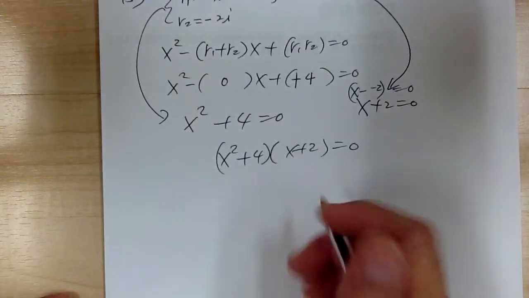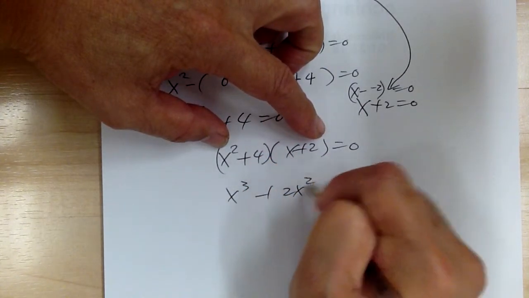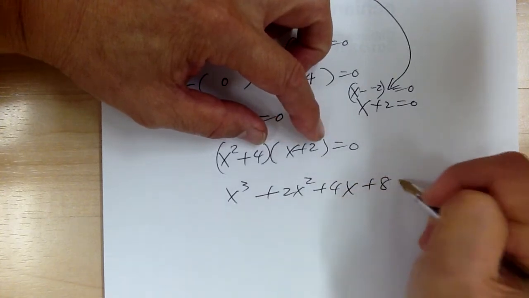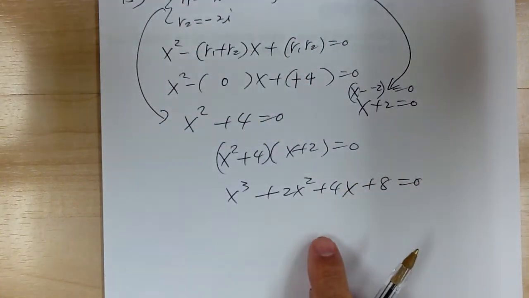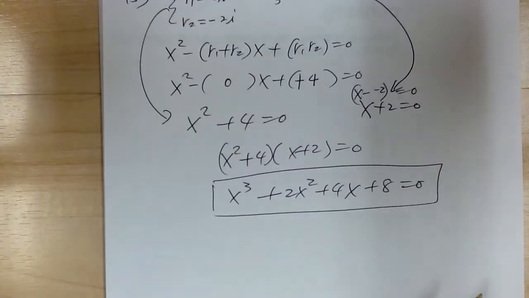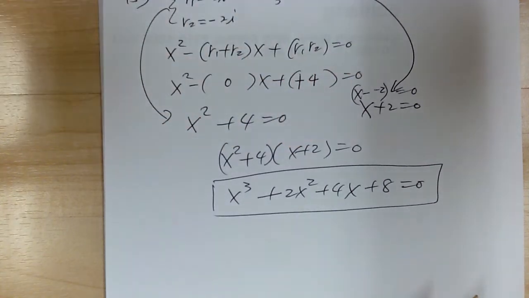Multiply this and you get x cubed plus 2x squared plus 4x plus 8 equal to 0, and that's it. Again, make good use of your fingers. It will help you cut down careless mistakes. Okay, let's go to number 17.